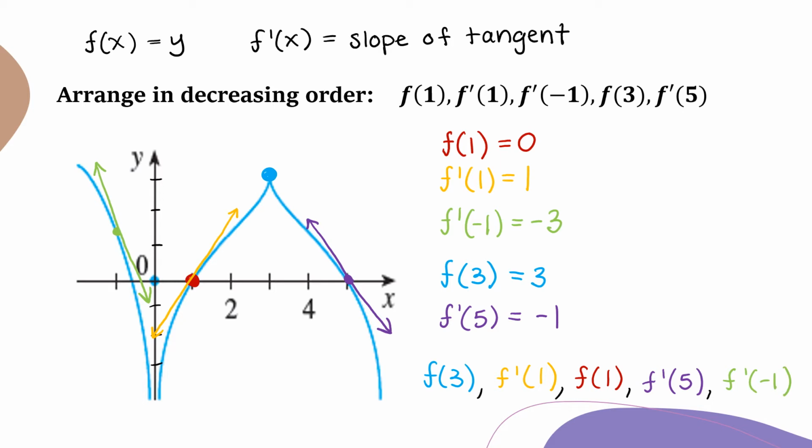So you just have to approximate each of the values and then list them from greatest to least.